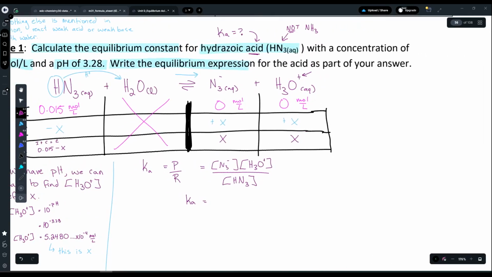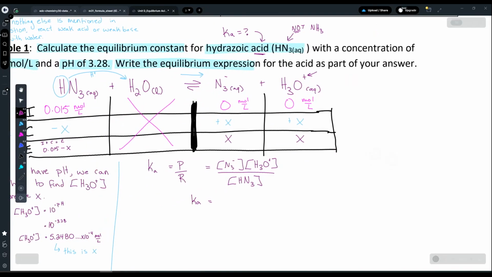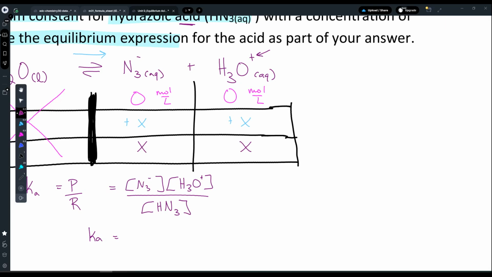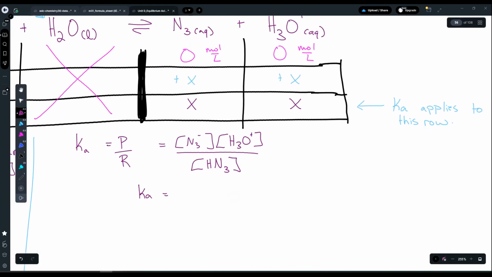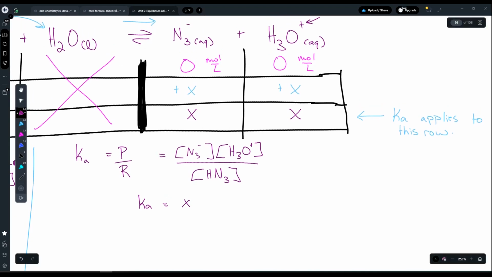So remember that Ka, or any equilibrium constant, is only going to apply to the equilibrium row. It does not apply to the initial row or the change row. Okay, so we had a value of x for the concentration of N3 1 minus.